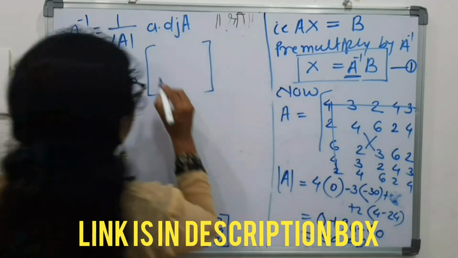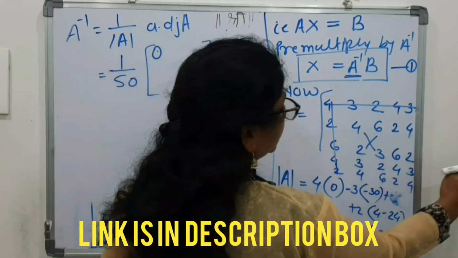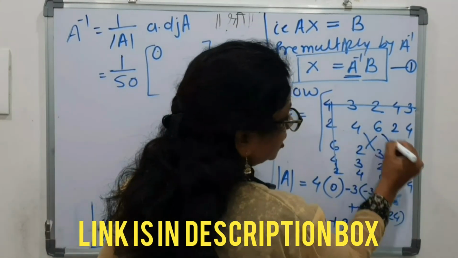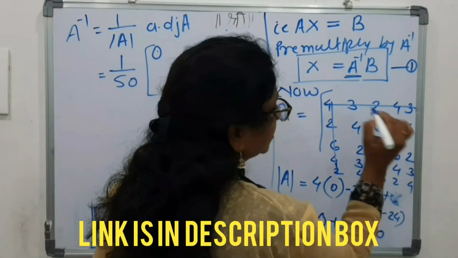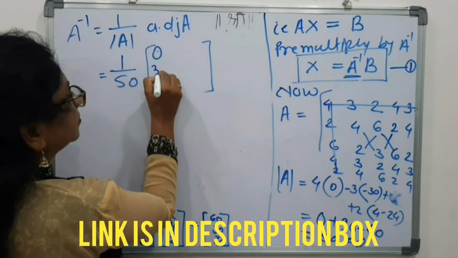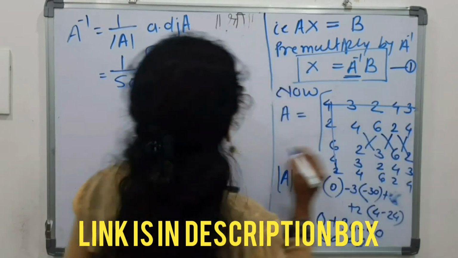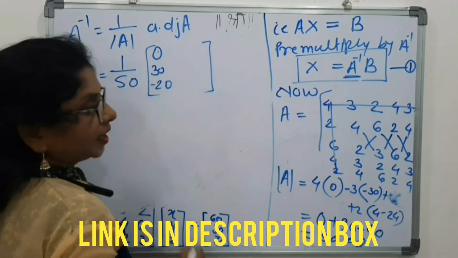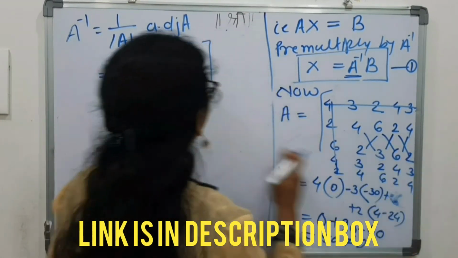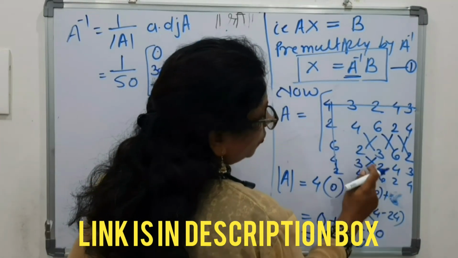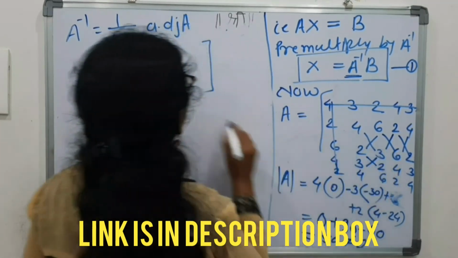12 minus 12, that is 0. Multiply horizontally and write vertically. So 6 into 6, 36 minus 6, that is 30. 4 minus 24, that is minus 20. Multiply horizontally, write vertically. Now second, 4 minus 9, that is minus 5.